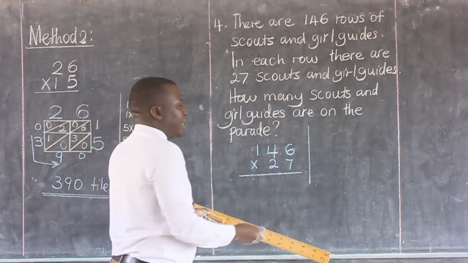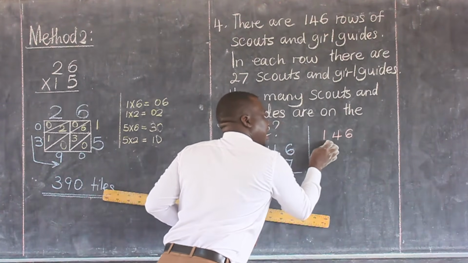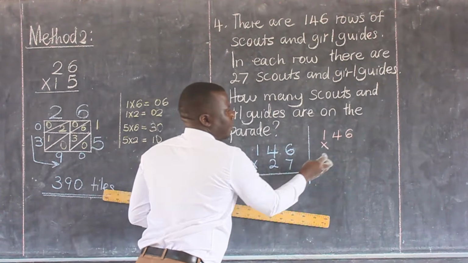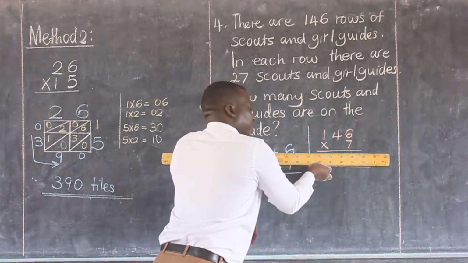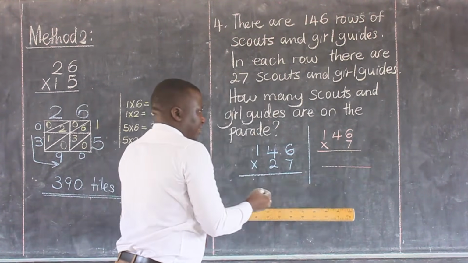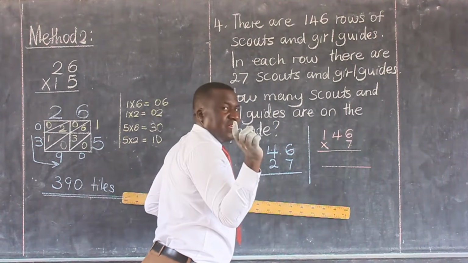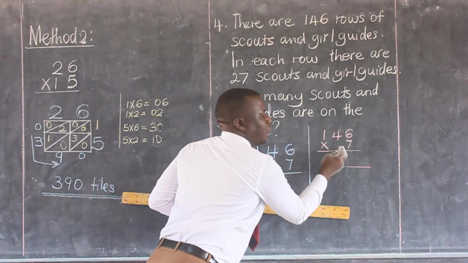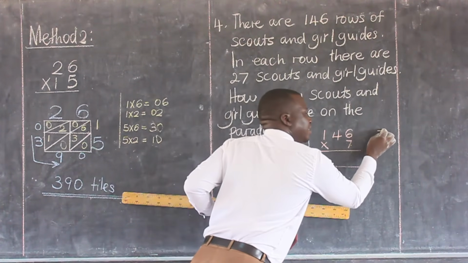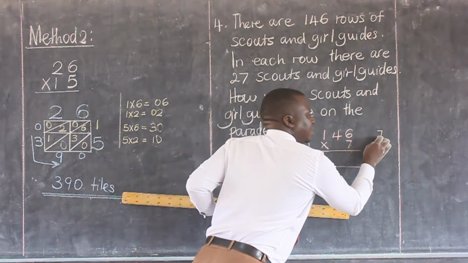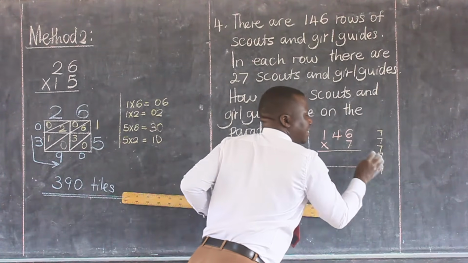Okay? Now I told you in our method 1, that first multiply 146 times this 7 here. Okay? And what will you get? We shall get, what is 7 times 6? Many of us guess. Please don't guess if you don't know what is 7 times 6. You go and group 7 6 times. 7, 1, 2, 3, 4, 5, 6.